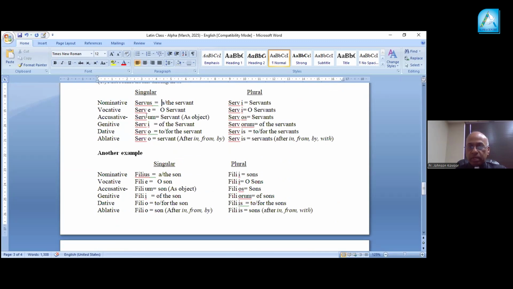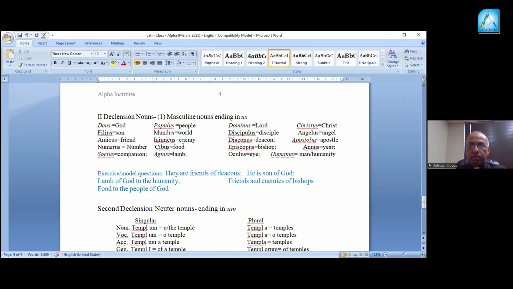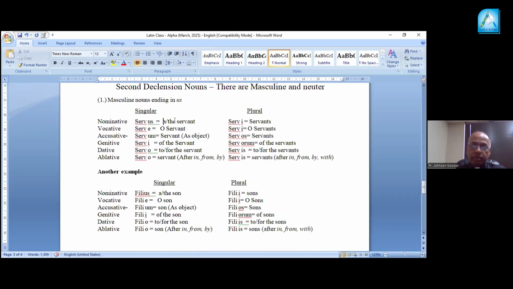I have given two examples, servus. Here also, it is better to keep a separation between the stem and the additional endings. Servus means a servant, or the servant.